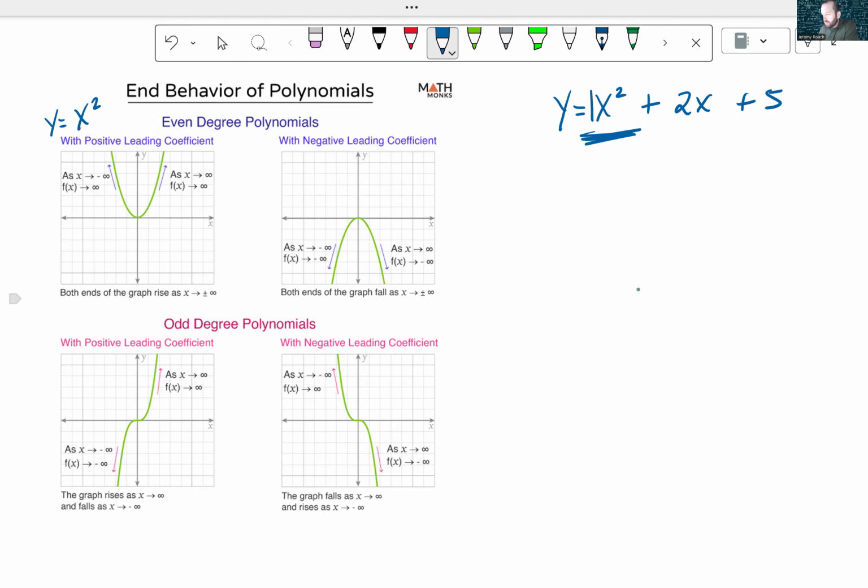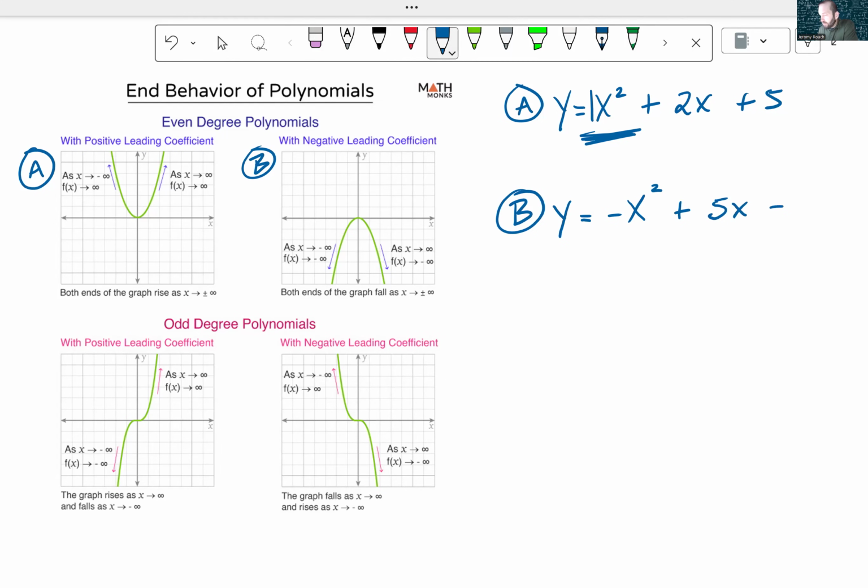Now, I'm just going to call this A. So this would be an example of A. This one's B. For B, it's a negative leading coefficient. So this would be something like negative x squared plus, and I'm just making the rest of these numbers up, 5x minus 4.